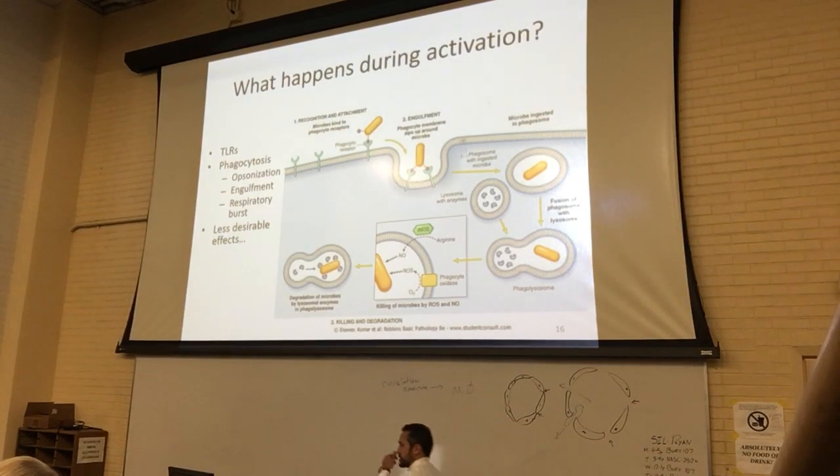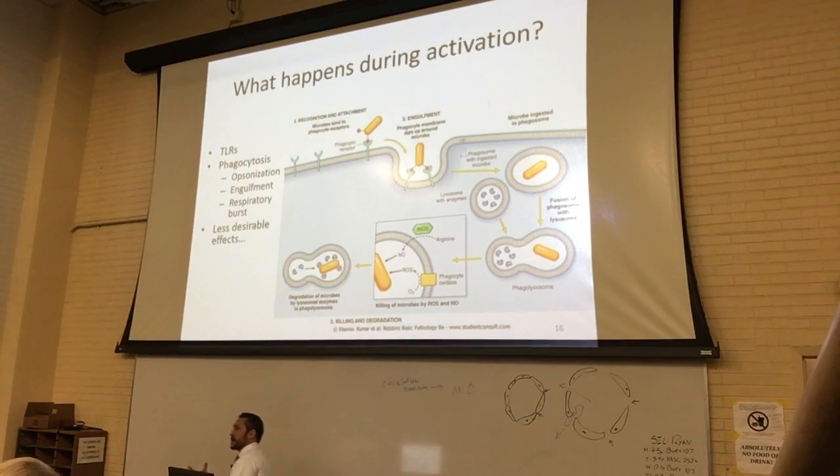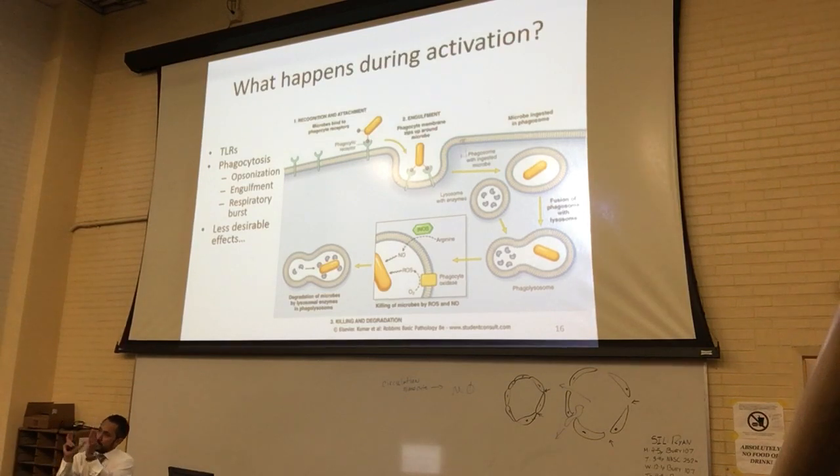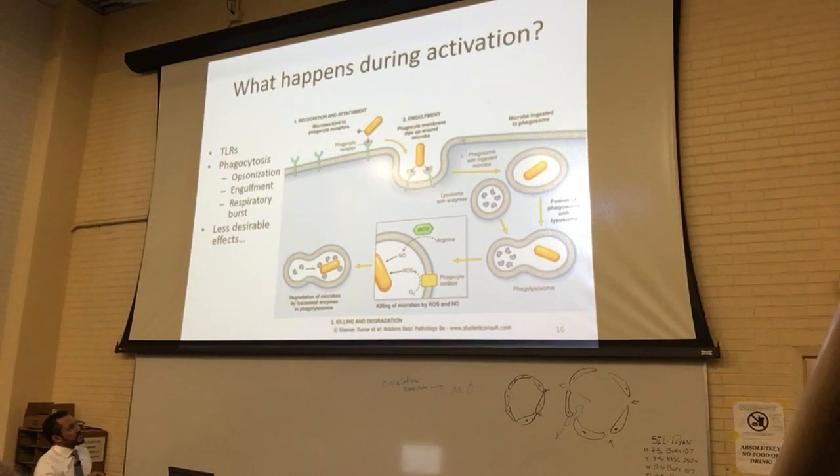This is what's happening inside of these tissue macrophages. If they come in contact with bacteria or a foreign object, that's what that injury was. They come in contact with the bacteria, they bind this bacteria to a phagocytic receptor, and then it's invaginated, or the membrane pinches in, and it pinches off and creates a vesicle around the microbe.